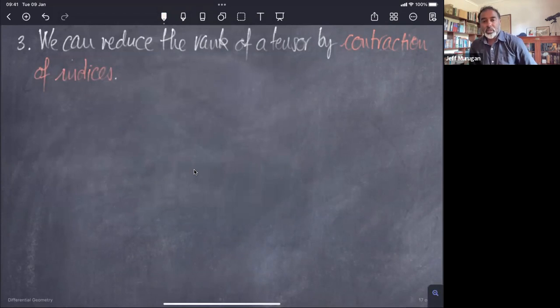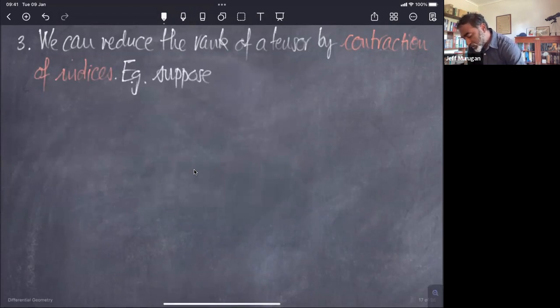Let me do an example to illustrate. Suppose I have a 2,4 tensor, C, alpha, beta, gamma, delta, mu, nu.